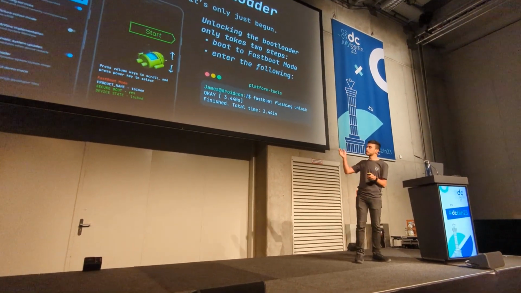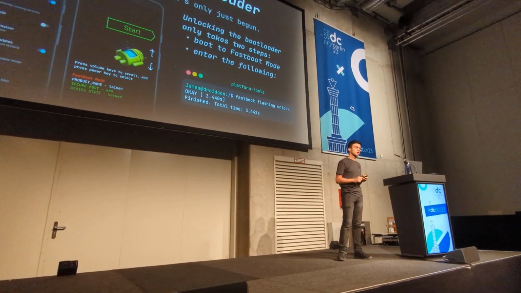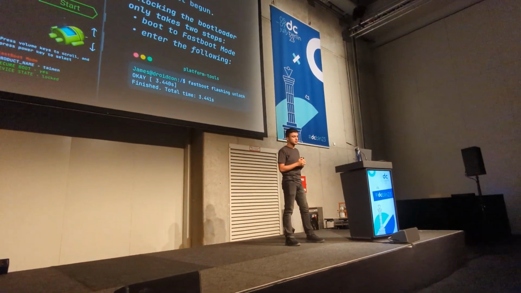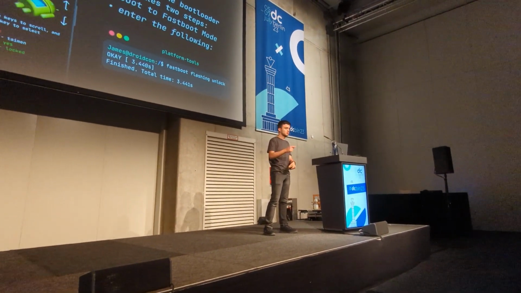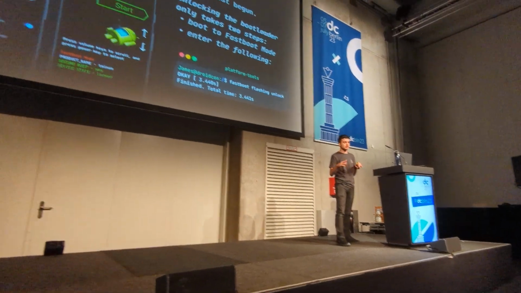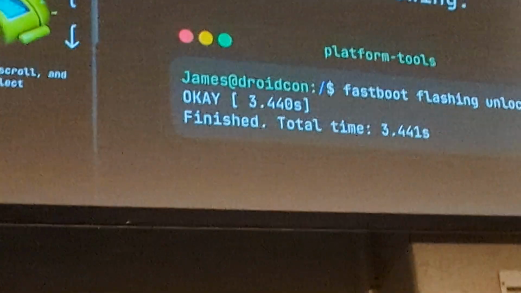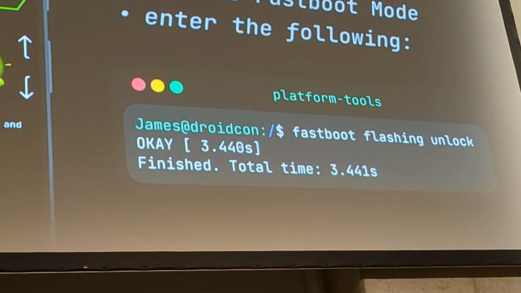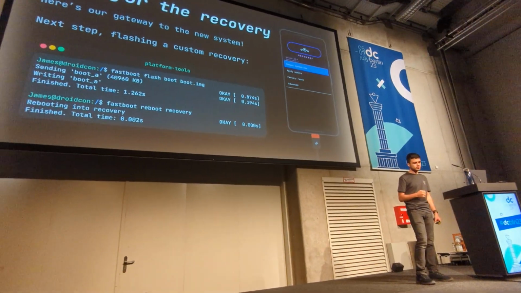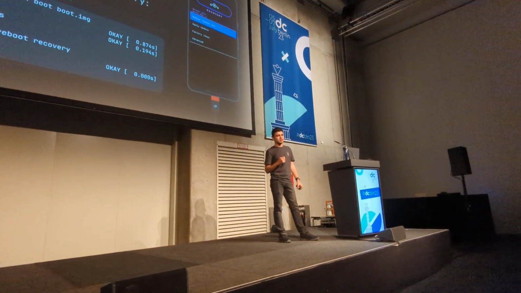You have to go to the options and enable OEM unlocking, but that's only part of it. That allows you to unlock the bootloader. So, combination, terminal, platform tools, fastboot flashing unlock for Pixel 2 in this case, and your bootloader is unlocked. Sounds simple, right? Step 1. It's pretty simple.